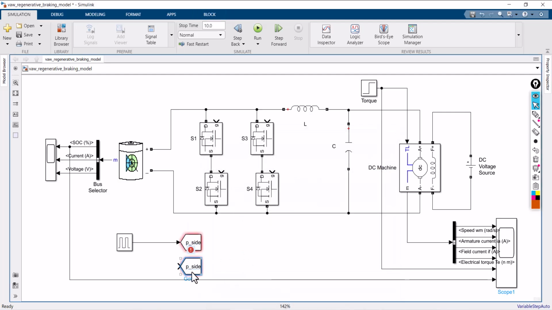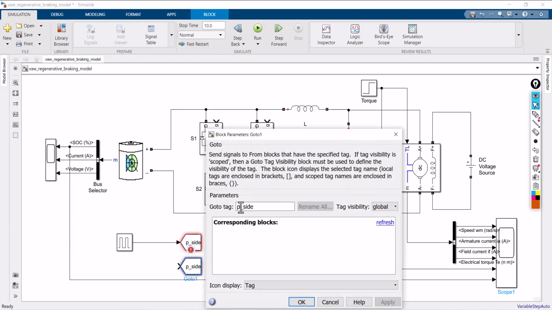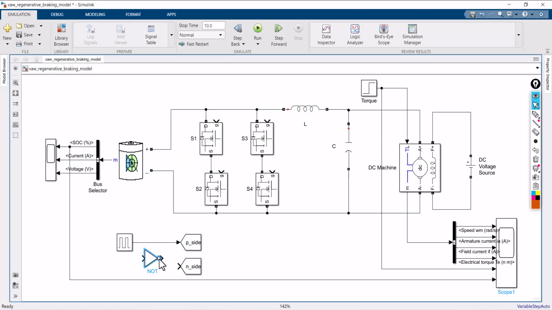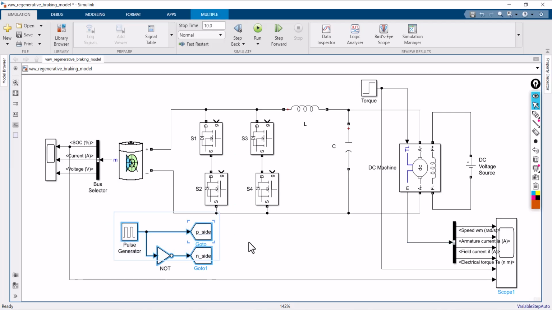Similarly, take one more Goto tag and rename it, this is the inside tag. The name of the block is pulse generator. Similarly, I'm taking the corresponding From tag.